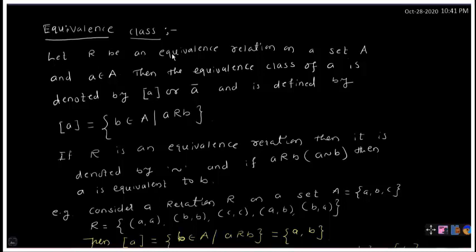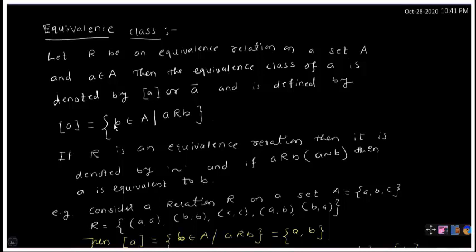Let R be an equivalence relation on a set A and small a belongs to A. Then the equivalence class of a is denoted by square bracket a or a bar, and is defined by: the equivalence class of a is equal to {b belongs to A such that a is R related to b}.